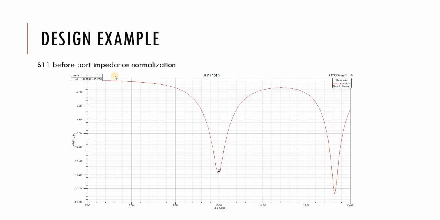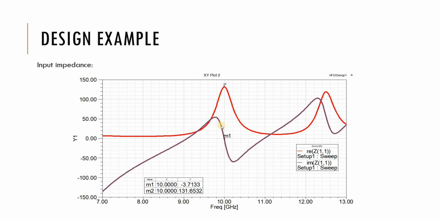By the way, we're going to see the result of this antenna after post-processing the impedance normalization. See the input impedance, and you can see the resonance frequency where the imaginary part of the input impedance is going to be 0 and the real part of the impedance is going to be maximum.